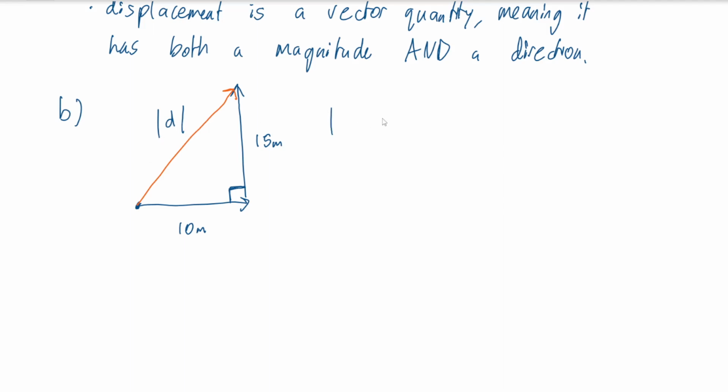The magnitude of D is each side squared and then all square rooted. You'd remember from last year, Pythagoras' theorem, c squared equals a squared plus b squared. In this case, a and b are the legs, 10 and 15, and then c is the hypotenuse or the resultant vector.